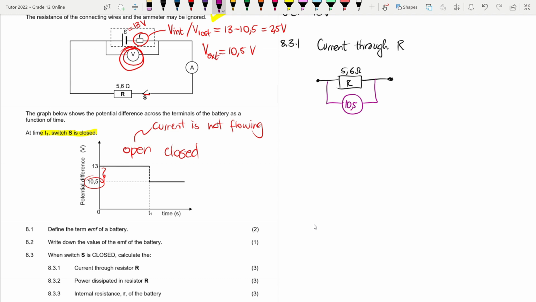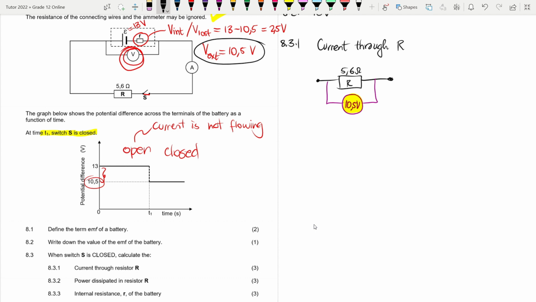At this point, I'm expecting you to be 100% sure, since you should know this by now. But that's fine, just be sure. It's going to be 10.5 volts because it's the only resistor in the external circuit, and the V external is 10.5.